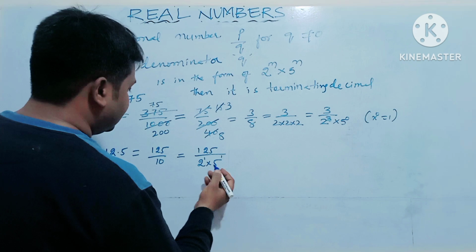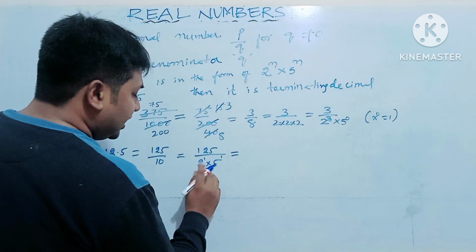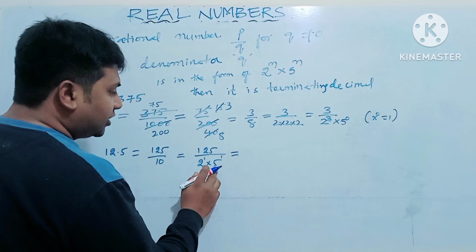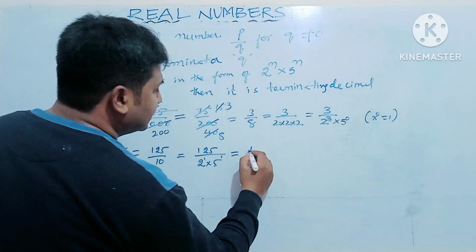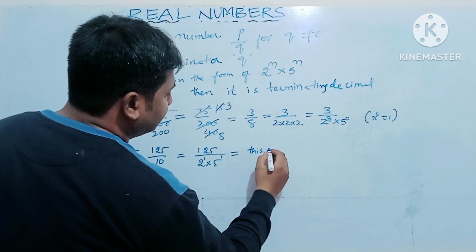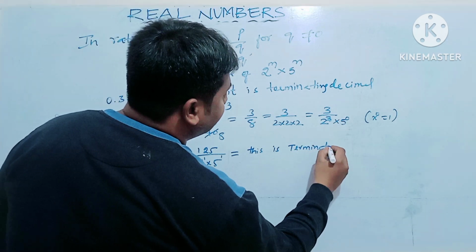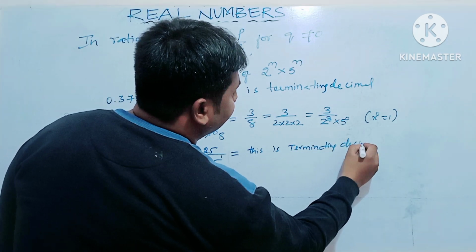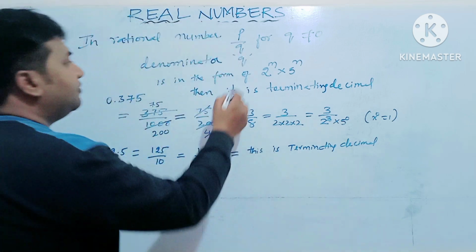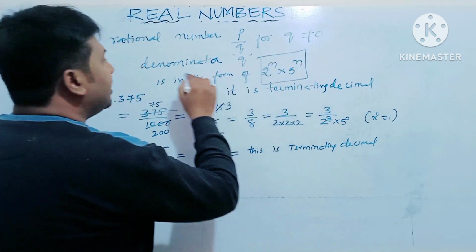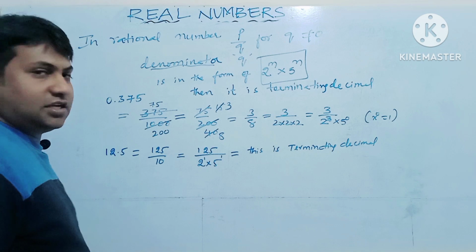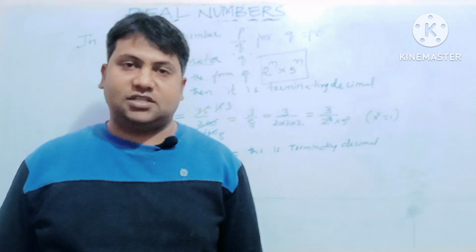So this is in the form of 2 to the power of m, 5 to the power of n. So this is a terminating decimal. If the denominator is in this form, then it is a terminating decimal.